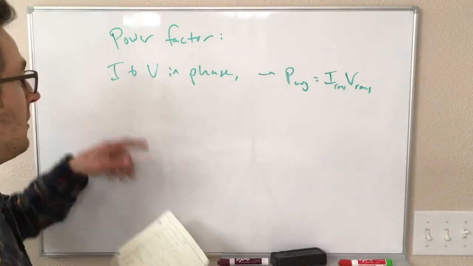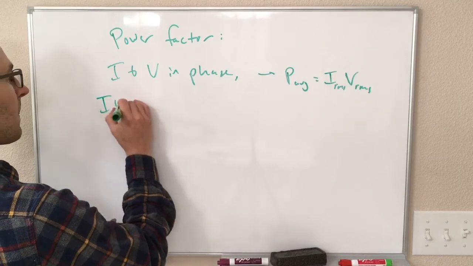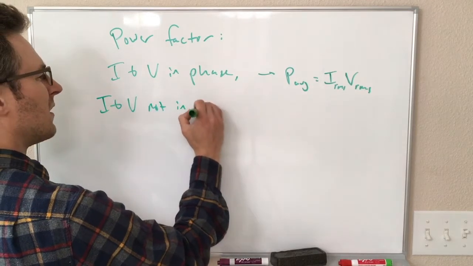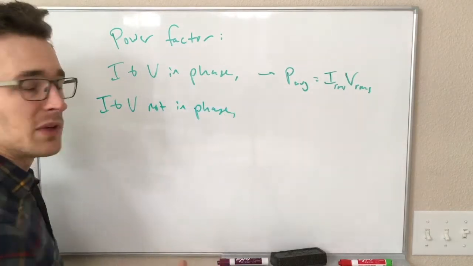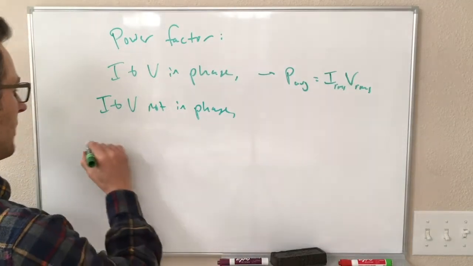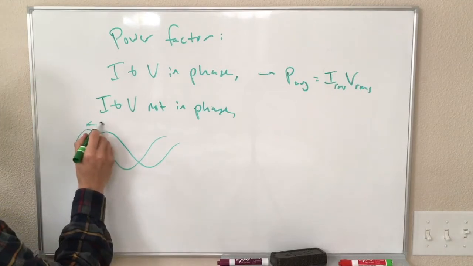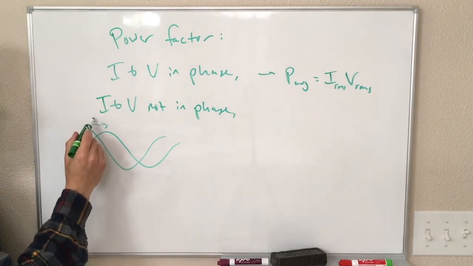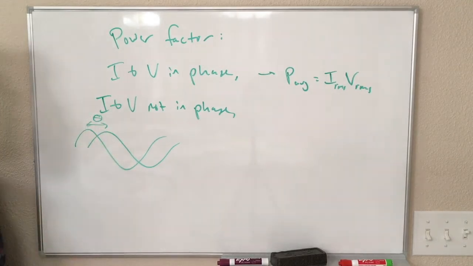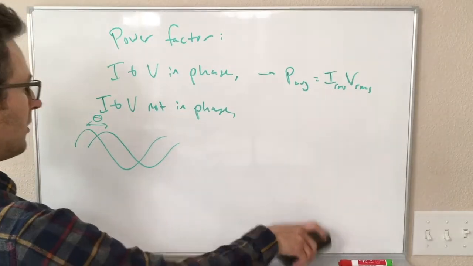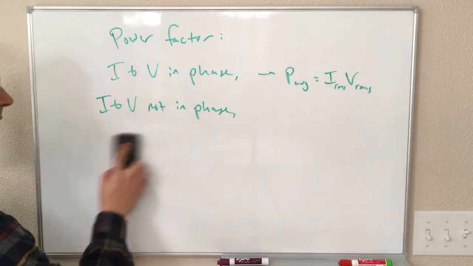Okay, if these are not in phase, there must be an angular difference between them, right? We have our current function and our voltage function, and we can figure out what this difference between them is in terms of some phase theta or phi or whatever we want to call that angle.